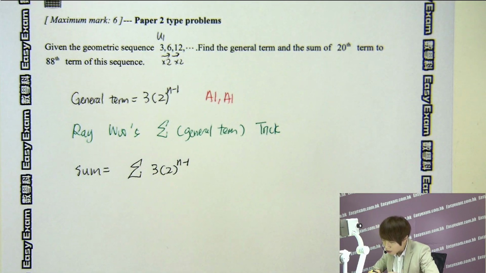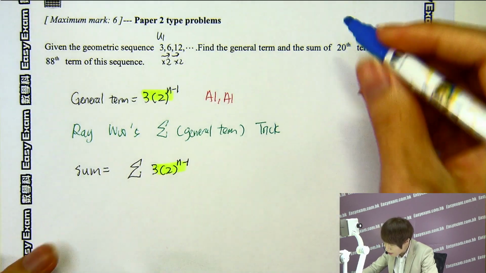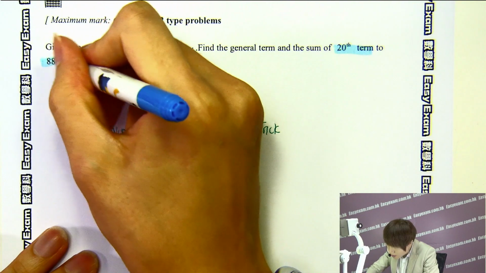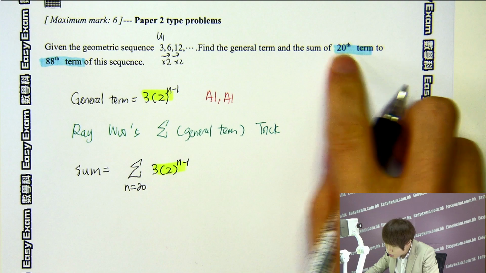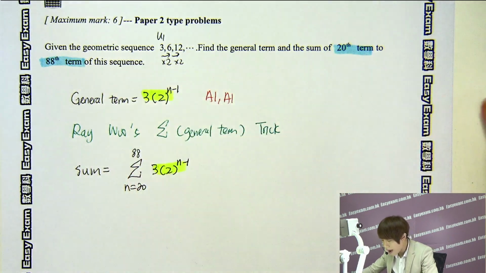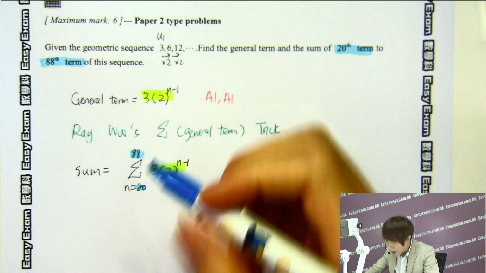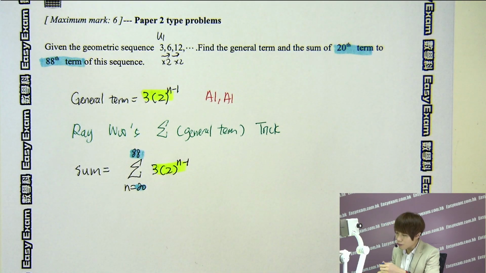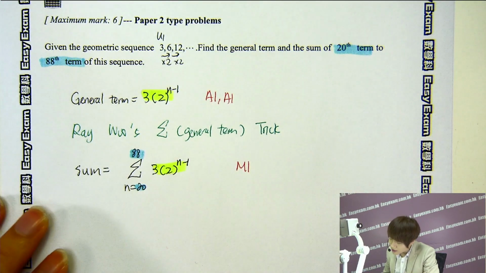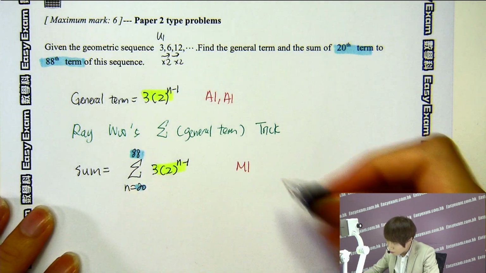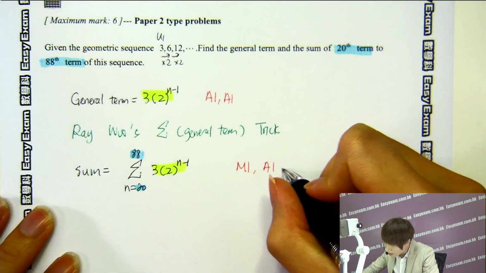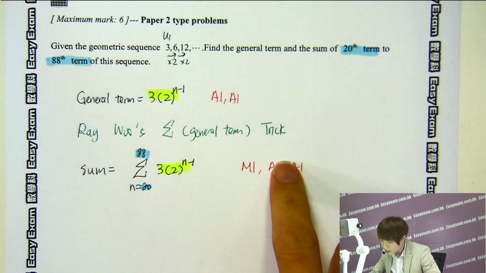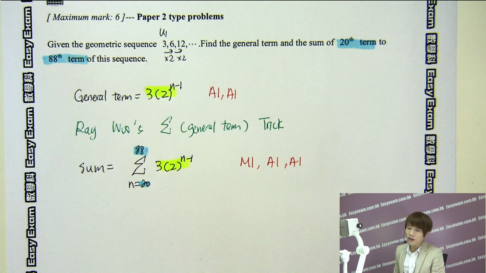Now you can see we are counting from the 11th to the 20th term, which means our n here runs from 11 to 20. That is what we want, okay? If you get this right, you will be awarded M1 for the attempt to use the summation approach, A1 for stating the correct general term, and another A1 for stating the correct lower and upper limits of the summation.